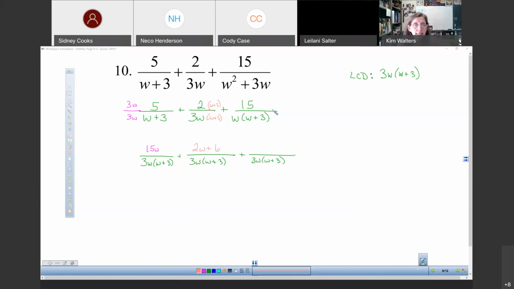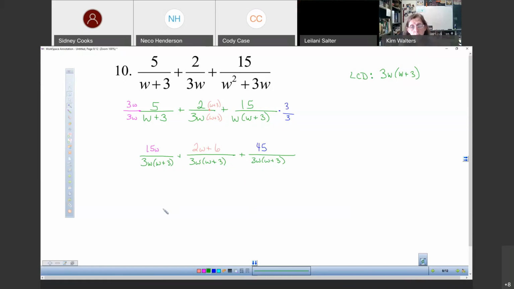And then finally, for this last one, I need to multiply the denominator by 3, because I already have a W and a W plus 3, but I need a 3W. And so numerator and denominator by 3, and that's going to give me plus 45. So now I have fractions with common denominators.